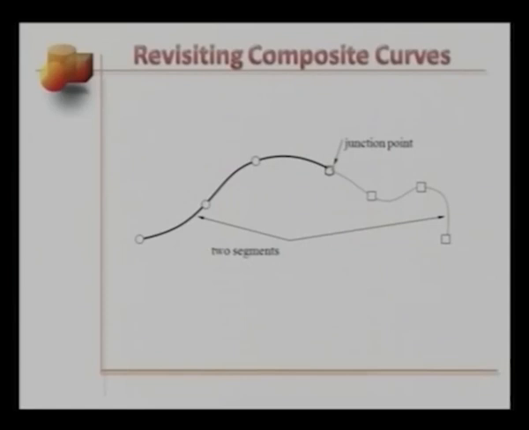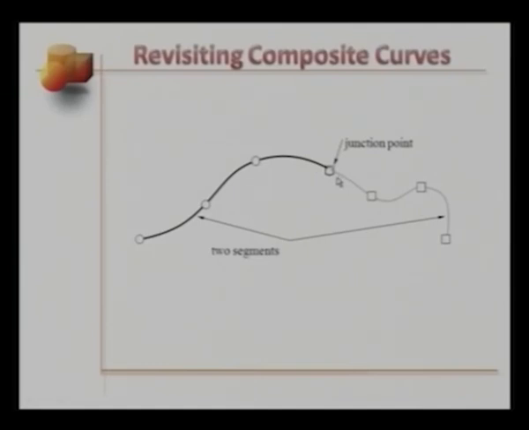If I further go ahead and impose slope continuity, I need to ensure that the slope from this segment at this point is a factor of the slope from this segment at this point. In other words, the direction is the same for these two segments, but the magnitudes of the tangents may or may not be the same.